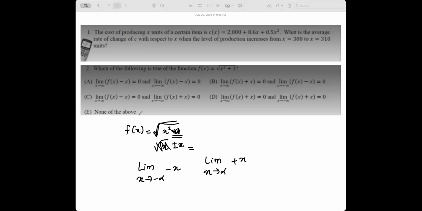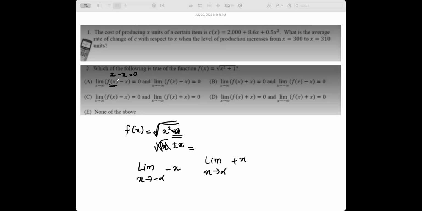Krish, are you there? Yeah. So here, limit extending to infinity, what is f of x? F of x will be basically, when limit extending to infinity, plus x. So this will be x minus x. That's equal to 0.